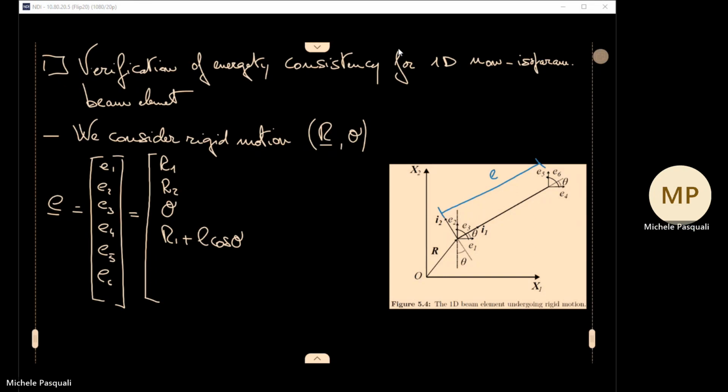R2 plus L sinus of theta, and then we get theta as well, right?